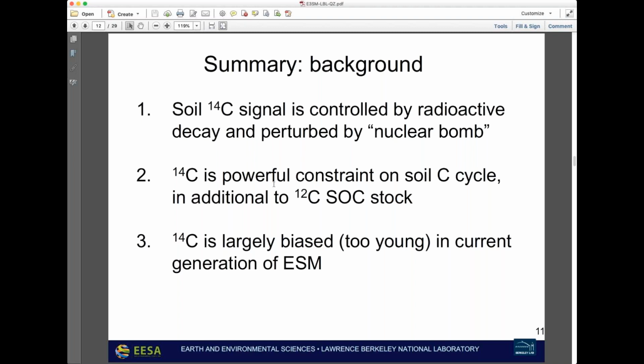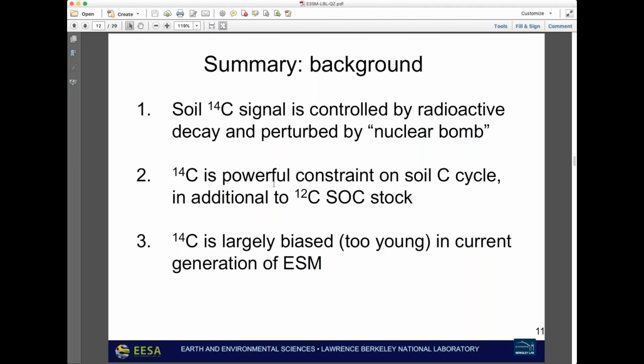We have a very good example of how to use 14C combined with the reduced order model to constrain the 12C. And we also take a very similar, but more physically based and more mathematically based approach, to use 14C to constrain 12C for the ECSM land model.